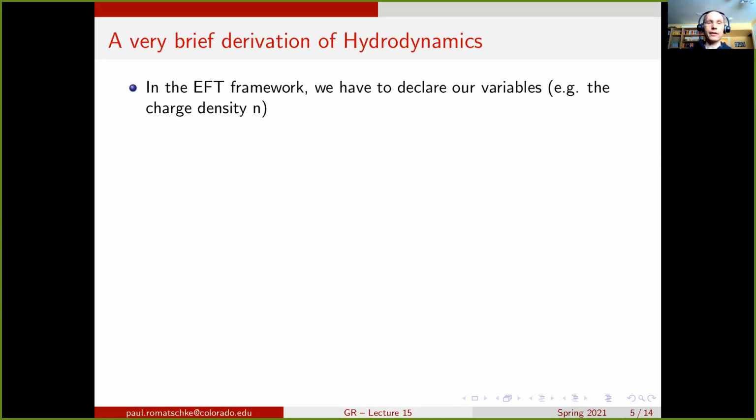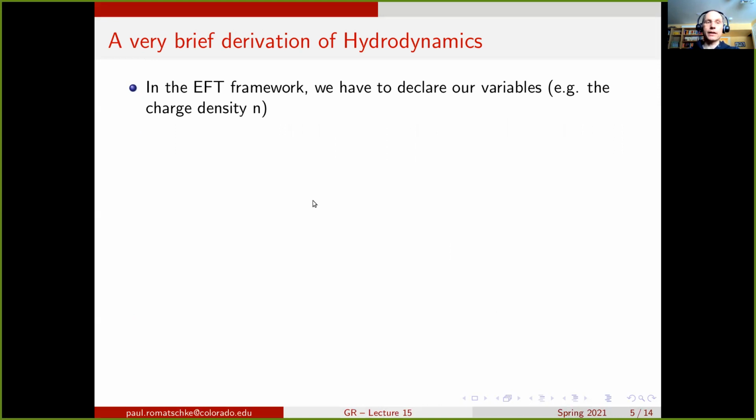In the effective field theory framework, we have to start with effective field theory variables. In our case, we are dealing with the conservation equation for the electric charge. The electric charge is a scalar. So there is a scalar quantity that is a good variable for the EFT framework.